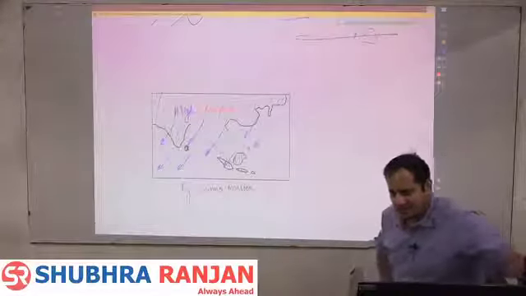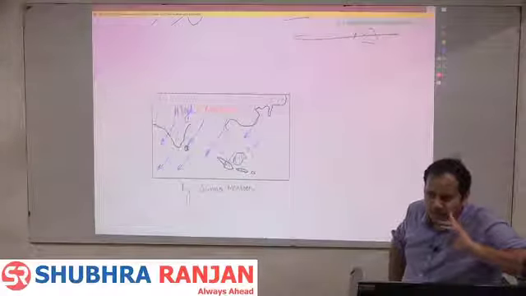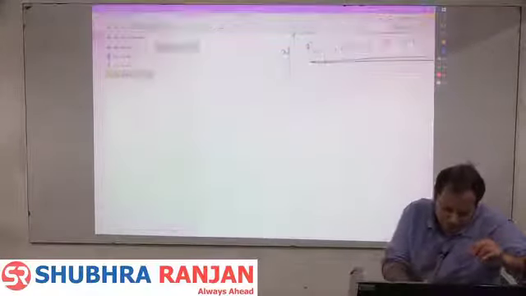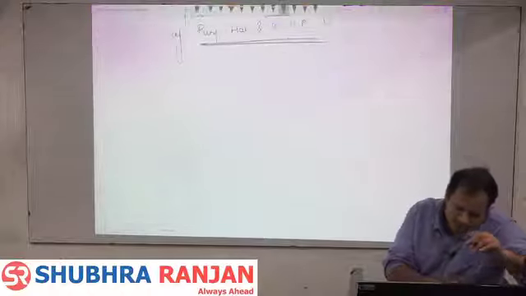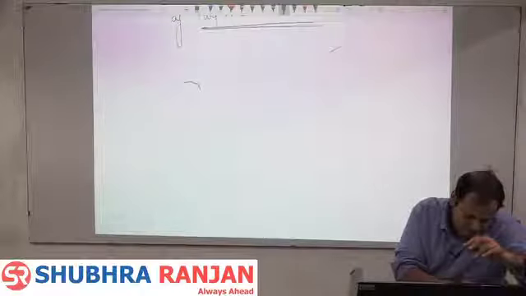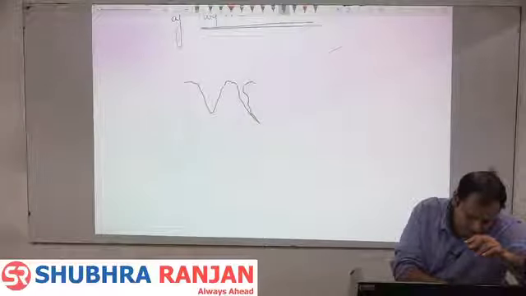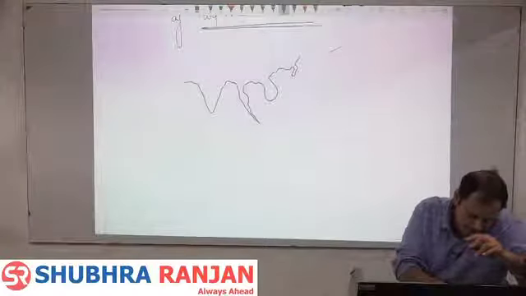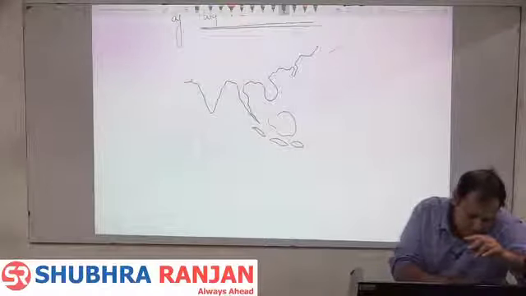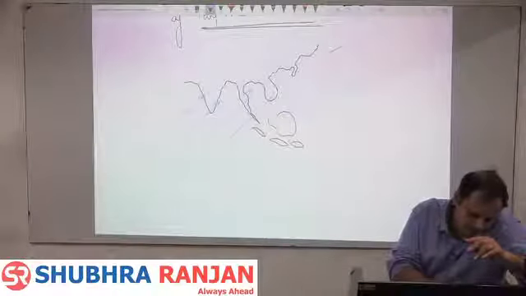Can I continue? Now tell me, what are the outcomes? What is the analysis of his theory? Think a little. The theory I have given you, think about it. He talks about the presence of summer monsoon in the form of southwest monsoon winds because of the difference between high pressure and low pressure.